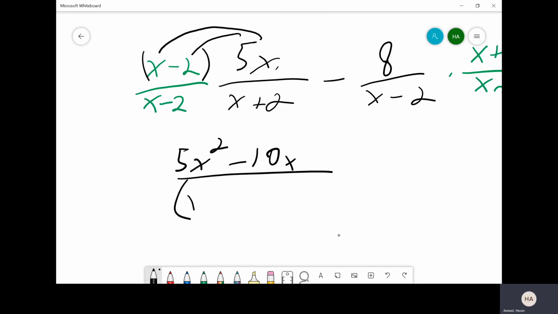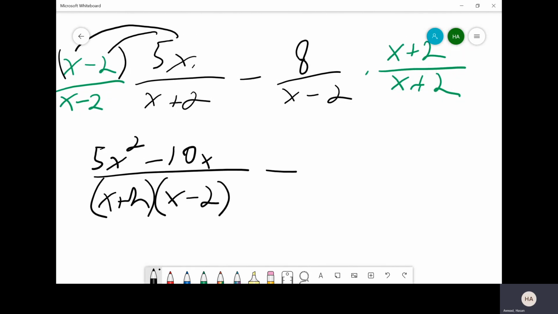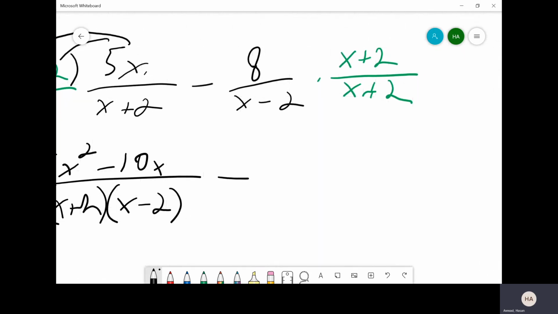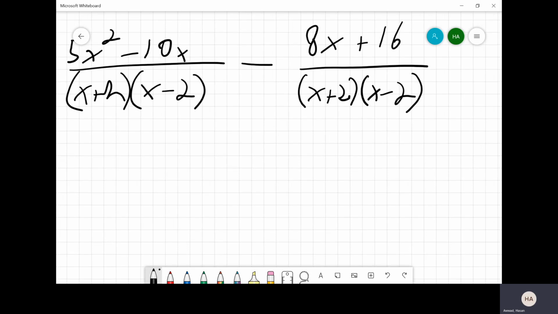And then we have x plus 2, that's what we had to start with, times x minus 2, and that's what we essentially multiplied against it, right? And we go over here, we still have the subtraction, and let's deal with the next fraction. Again, we're going to multiply the 8 times everything in here, so we get 8 times x, and then 8 times 2, which is 16, and once again, we have x plus 2 times x minus 2. And we're almost done, right?